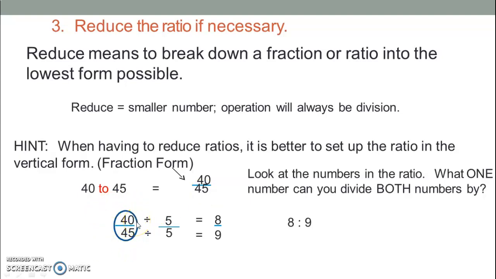It makes your work easy. 40 and 45 are divisible by 5. So 5 8s are 40, 5 9s are 45. So now you have the fraction. You can easily write the ratio 8 to 9. You can even directly write the reduced form as well.